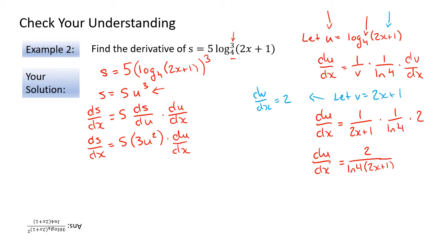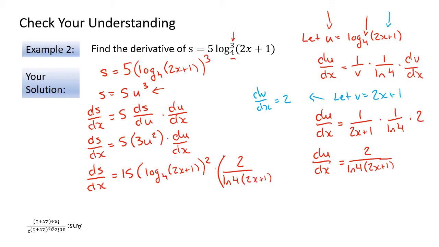So we can now substitute all these items in. ds by dx is equal to 15 times u squared. So u is the log base 4 of 2x plus 1, squared, times du by dx, which is 2 divided by the ln of 4 times 2x plus 1.